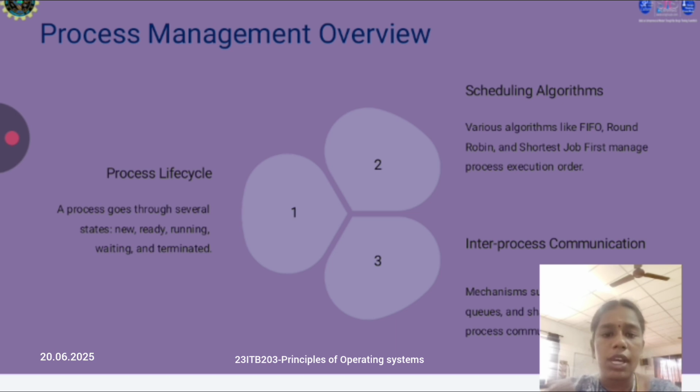Various scheduling algorithms like first in first out, round robin, and shortest job first manage the process execution order. These come under the scheduling algorithm. And then next one will be the inter-process communication. In inter-process communication, here we see about the mechanisms, queues, and the process communications.